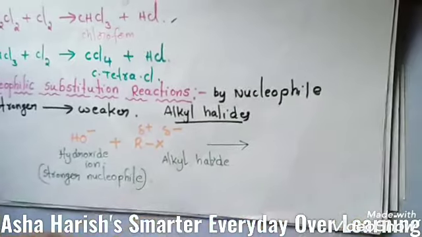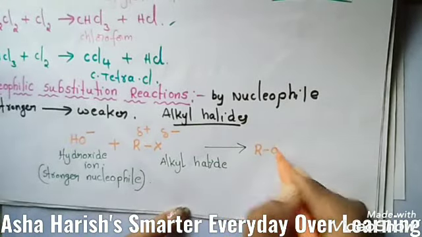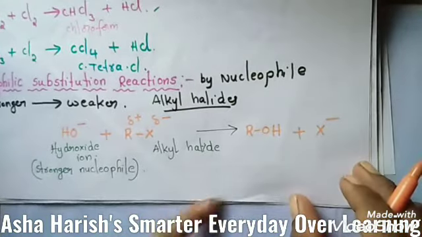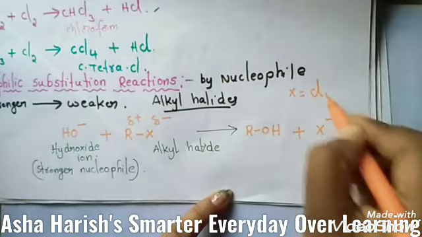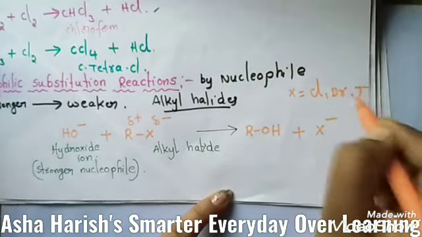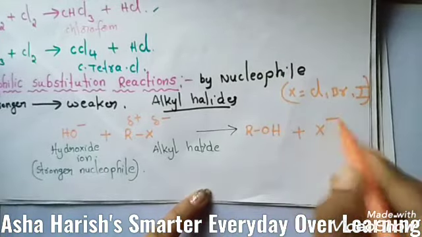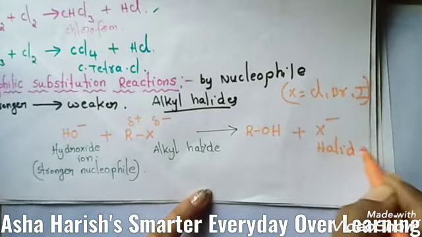Here the formed products, let's see now. ROH plus X minus. Instead of this X, you can take the halides. X is equal to chlorine, bromine and iodine. And the name of this X minus is halide ion.